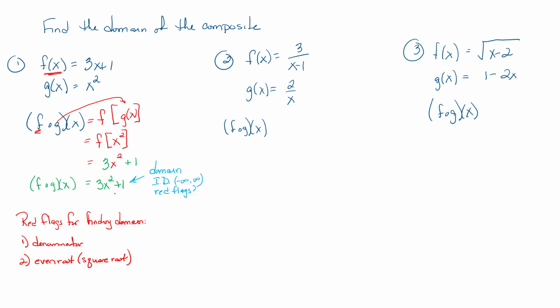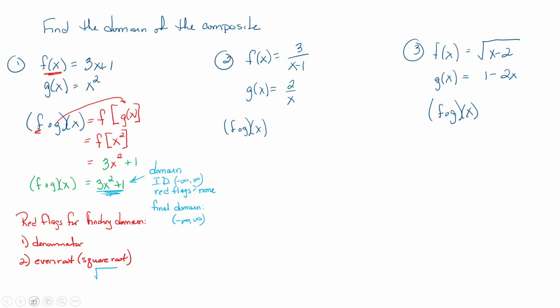And if I take a look, this function does not have a denominator and it does not have a square root. Therefore, since there are no red flags, my final domain is the same as the initial domain. Negative infinity to positive infinity. I'm not kicking anybody out. How's that? Does that make sense?